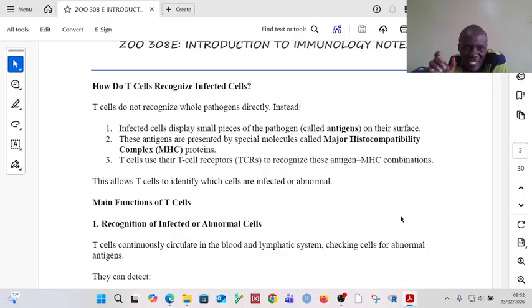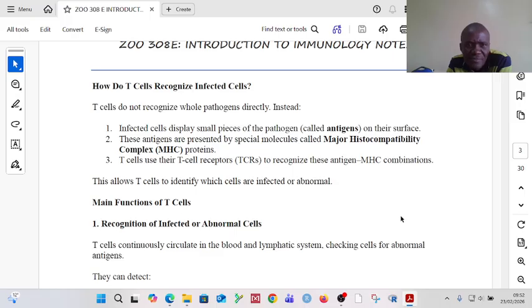So T cells will now use their T cell receptors to recognize the combination of the antigen on the surface of the infected cell and the MHC protein, because it is now that protein, the MHC, which has to present. But these antigens will already be on the cell which has the pathogen inside it.